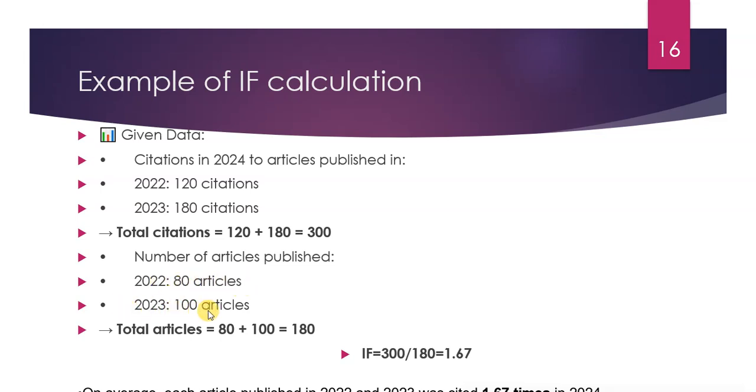In 2023, 100 articles were published. So total articles will be 180. Impact factor is 300 divided by 180, which is 1.67. So it means on average each article published in 2022 and 2023 was cited 1.67 times in 2024.